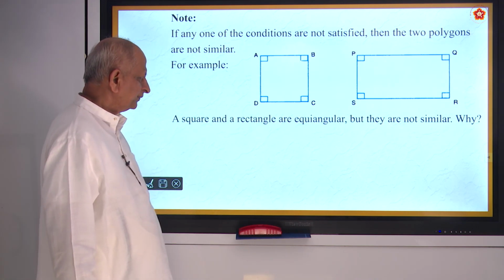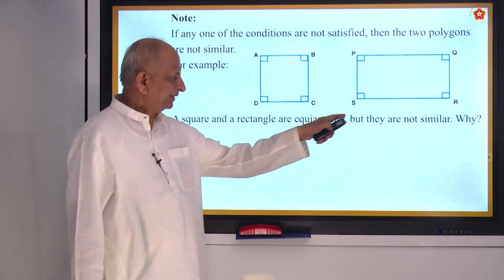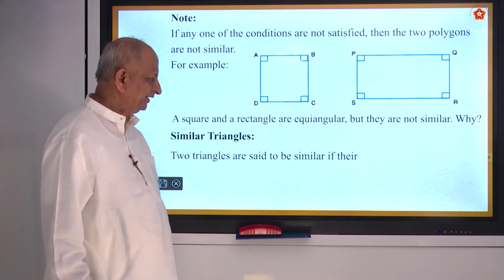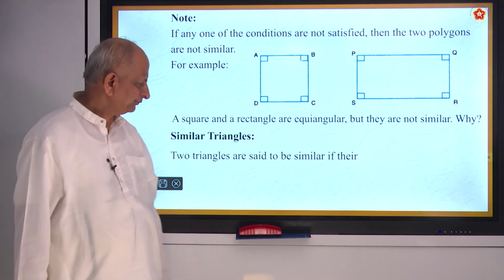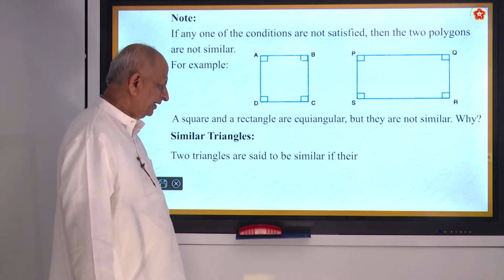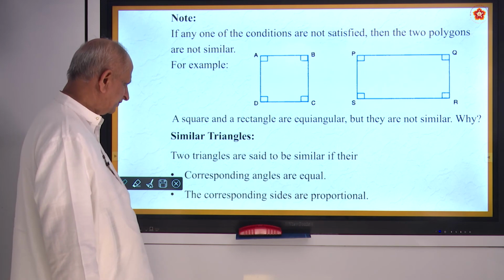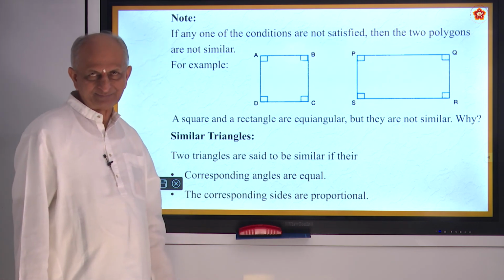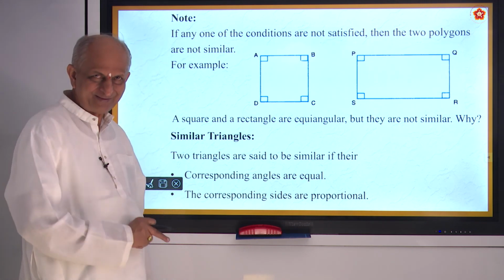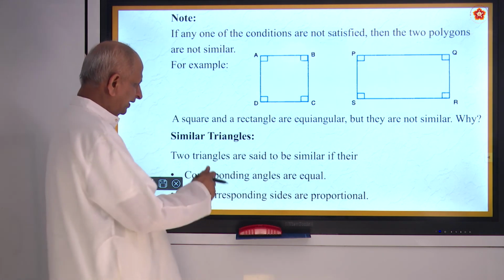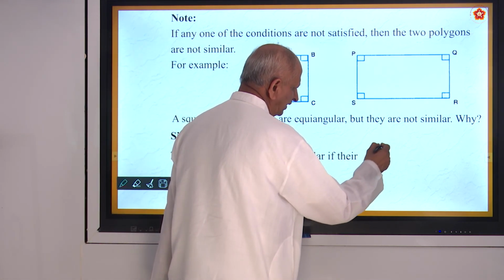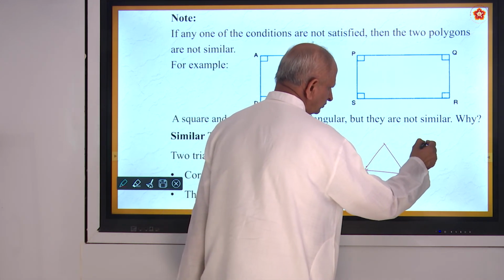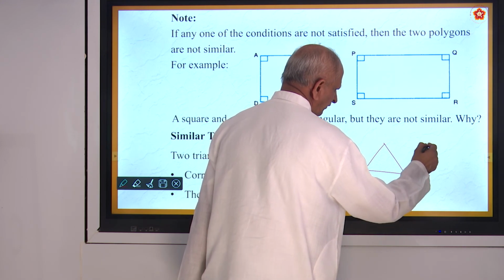Okay. So they are equiangular but they are not similar, right? Now about similar triangles, that is the topic of today. Two triangles are said to be similar if their corresponding angles are equal and corresponding sides are proportional. Corresponding, that is very important. Corresponding means, suppose you have triangle ABC and triangle DEF.